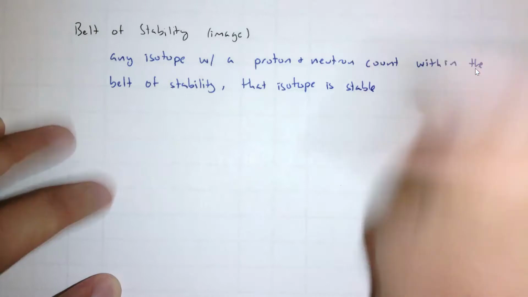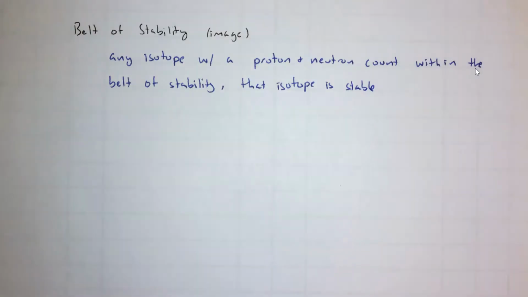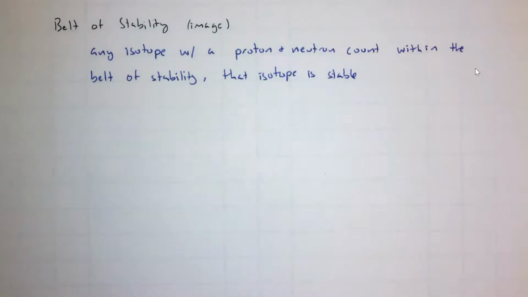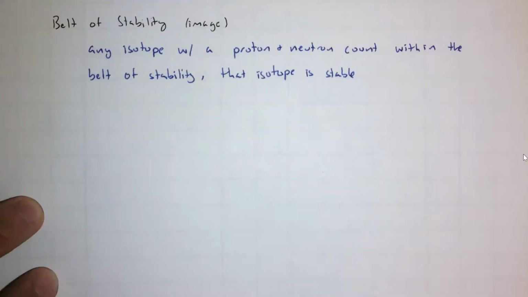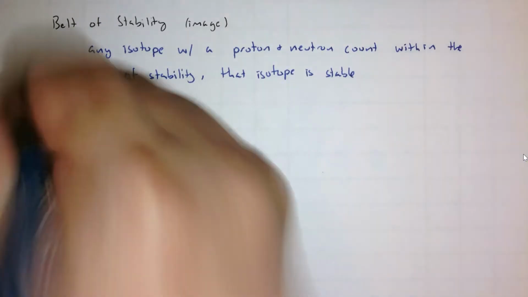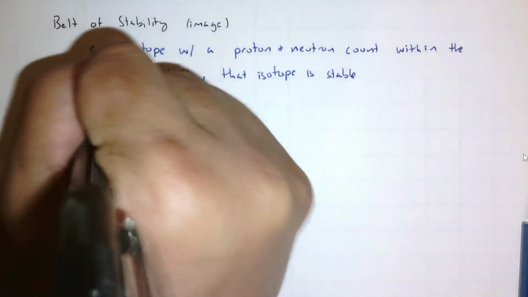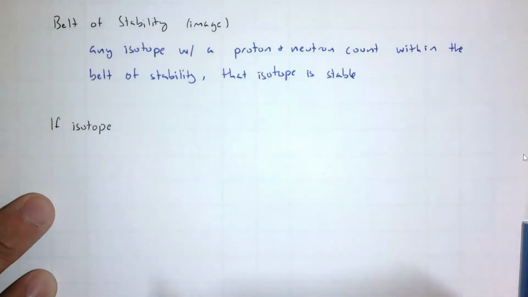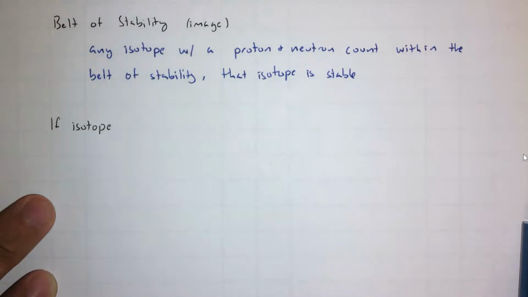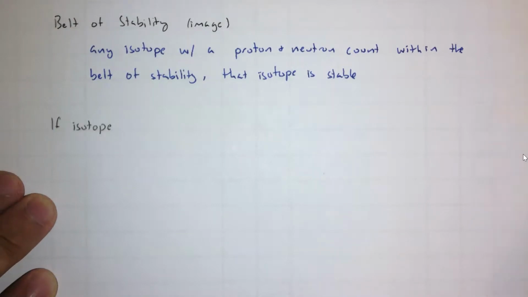Now, those are the rules, those are the trends, and we've seen the belt of stability. I just want to briefly look at what it means to be radioactive. If an isotope is radioactive, it will start to degrade. You've heard of radioactive elements having a half-life. It's the amount of time needed for half of that radioactivity to be emitted.